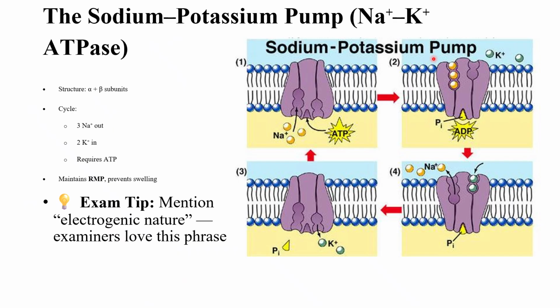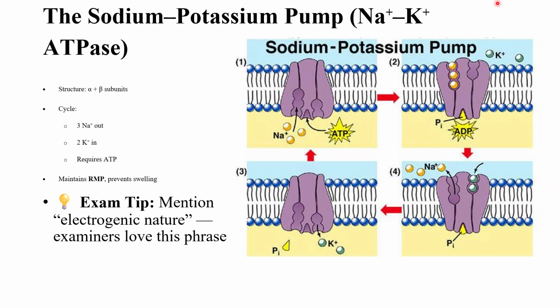The sodium potassium pump is a primary active pump that directly uses the energy from ATP to move sodium and potassium in opposite directions across the membrane. It's built from two main subunits, alpha and beta, with the alpha subunit handling the work of binding ions and ATP, while the beta subunit steadies the protein within the membrane.